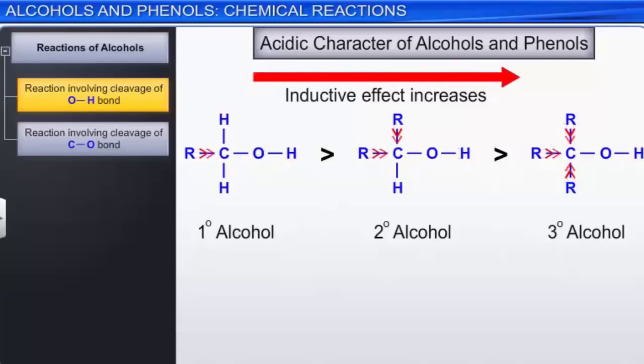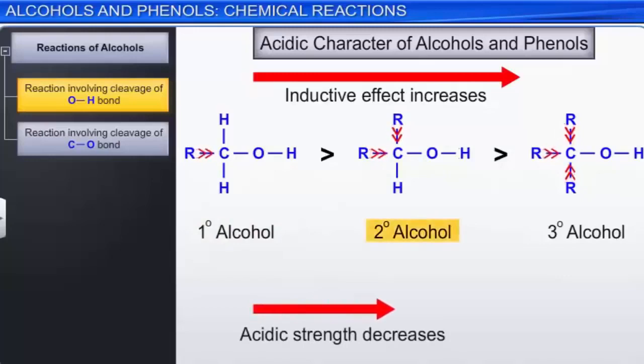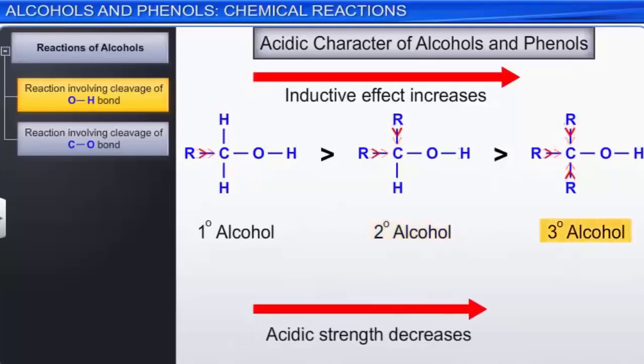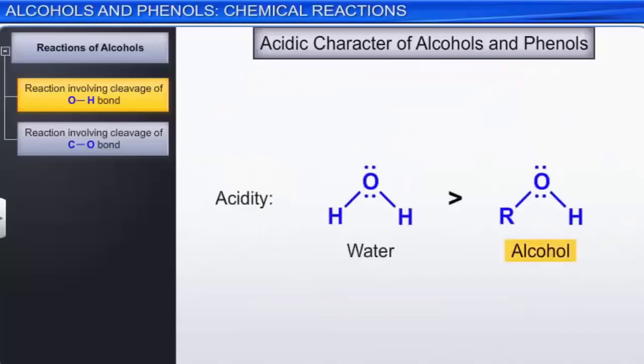Methyl and primary alcohols, which have the lowest degree of the inductive effect, are slightly more acidic than secondary alcohols. Secondary alcohols are slightly more acidic than tertiary alcohols, which have a strong inductive effect. Alcohols are weaker acids than water.